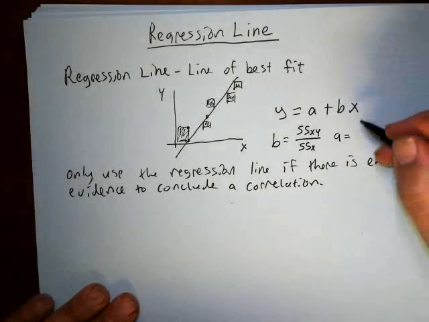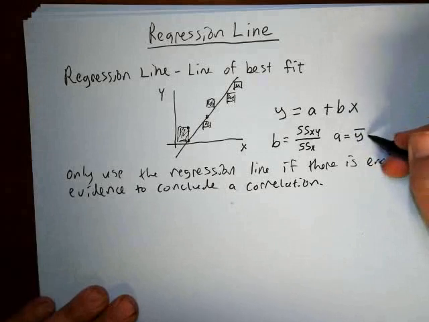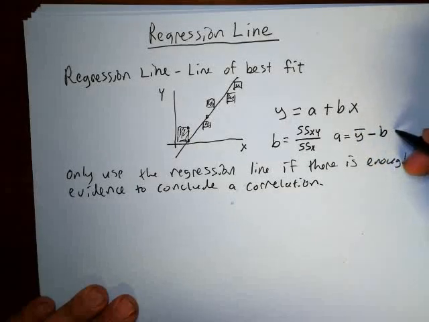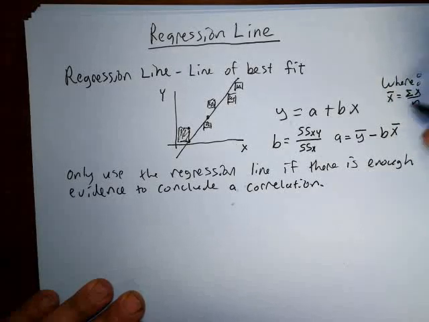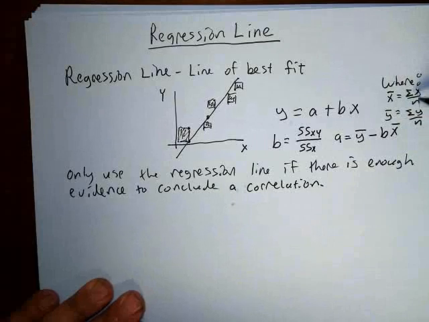There's another one for A here. A is just Y bar minus B times X bar. And X bar is just equal to the sum of X over N, and Y bar is just equal to the sum of Y over N. So these are really just the averages of the X and the Y values, the mean of the X values and the mean of the Y values.